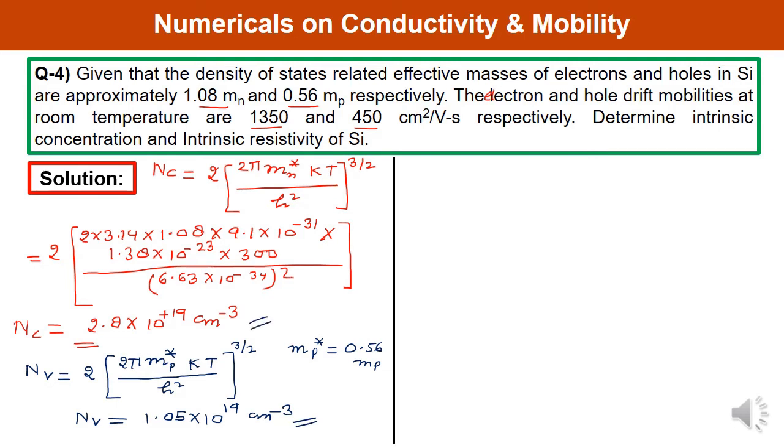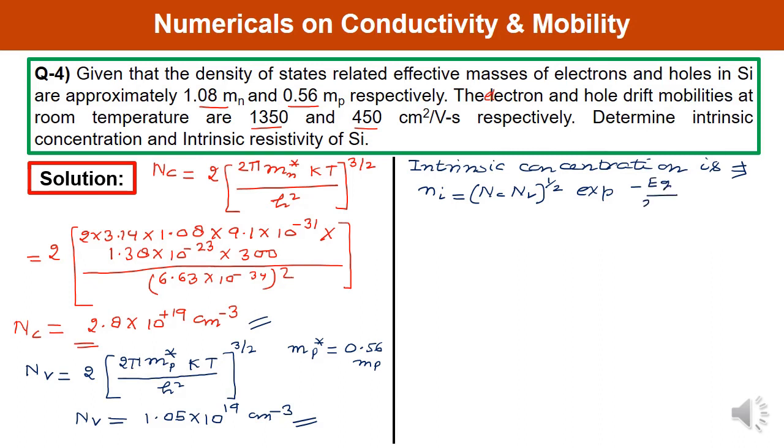Moving ahead, the intrinsic concentration, written as ni, is the square root of Nc into Nv, times exponential of minus Eg upon 2 kT.